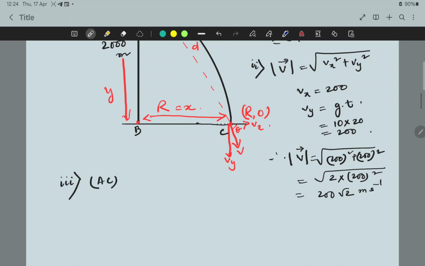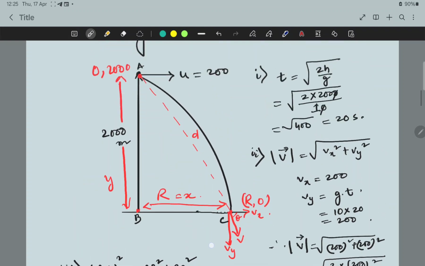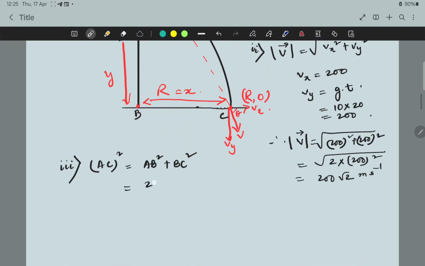So AC square will be equal to AB square plus BC square. So AB is known to us, that is 2000, but the range is BC, which is not known to us. So we need to find BC.